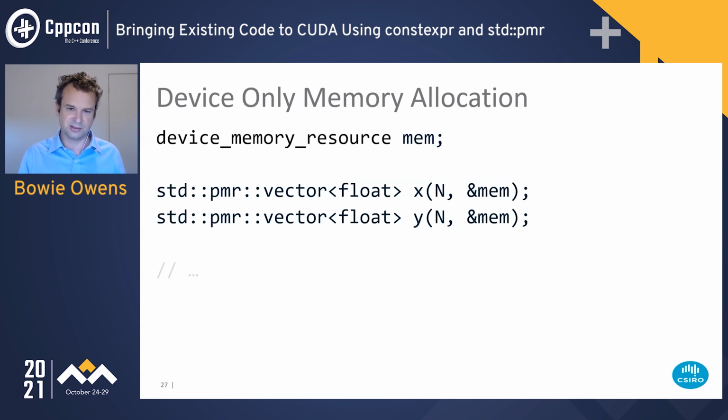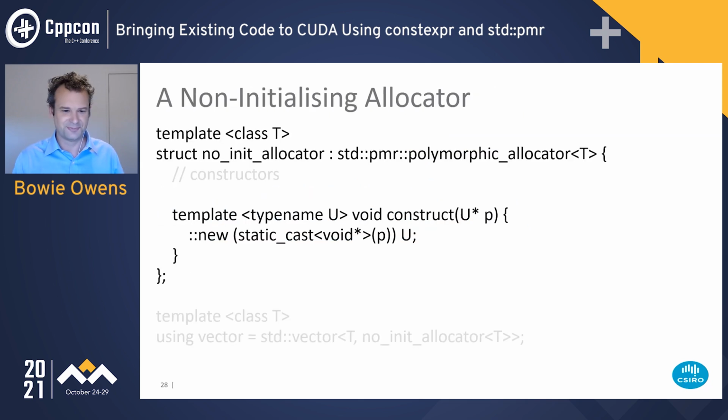And of course, the second that the CPU tries to default construct the memory, it's going to fail because it's inaccessible to the CPU. So how do we avoid that problem? There is a solution. And there we go.